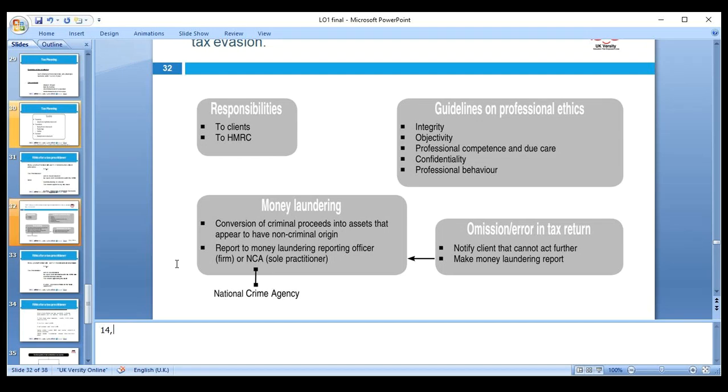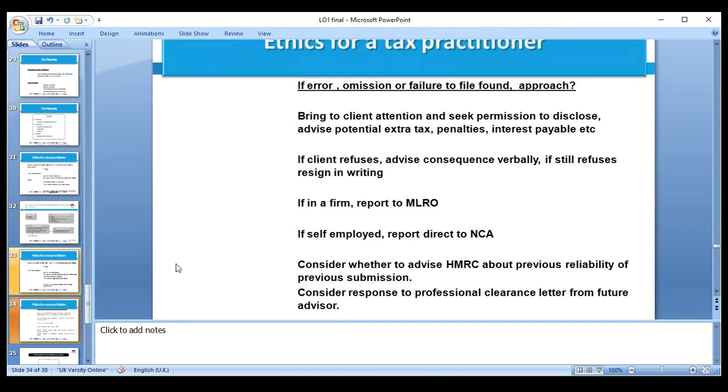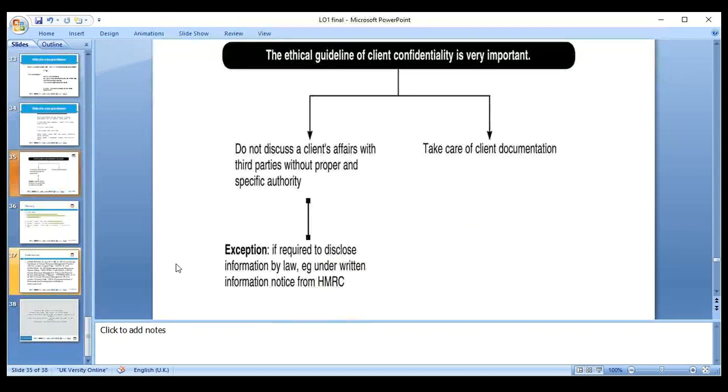If you do tipping off, it is 5 years. If it is bribery, it is 10 years, if you bribe someone foreign. That's what we need to look at. Any question? Okay. So these are the legislation we have to follow.